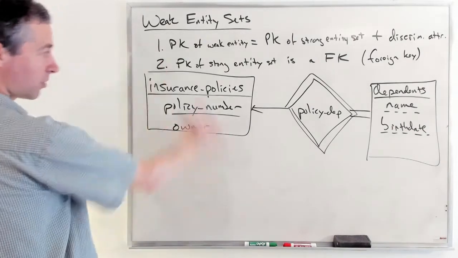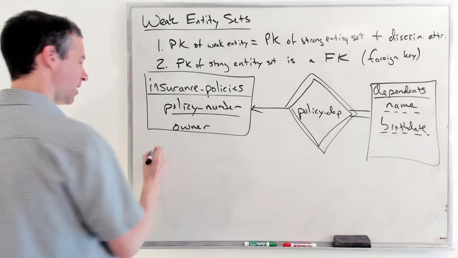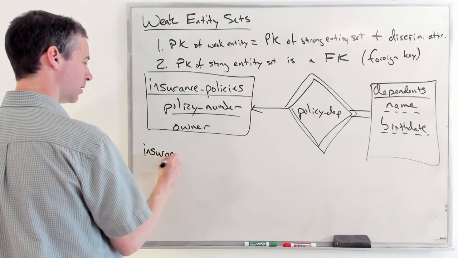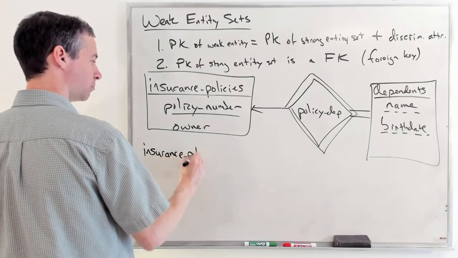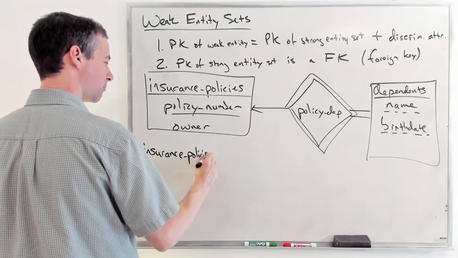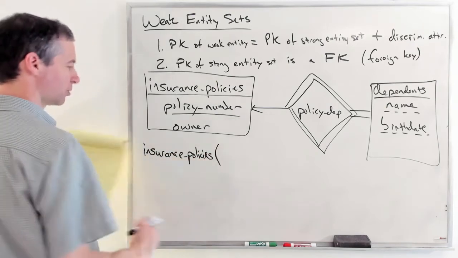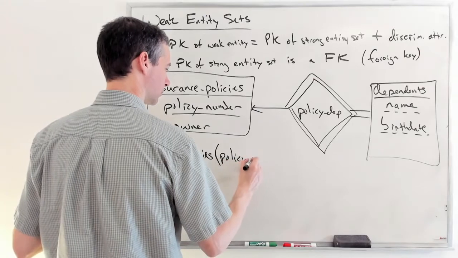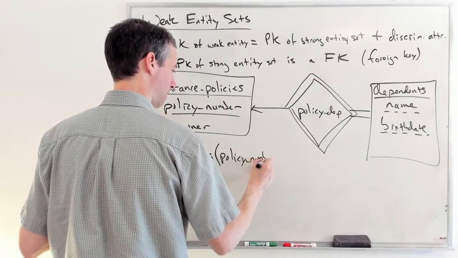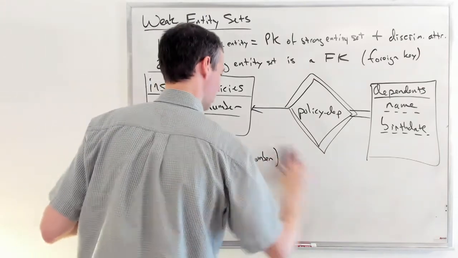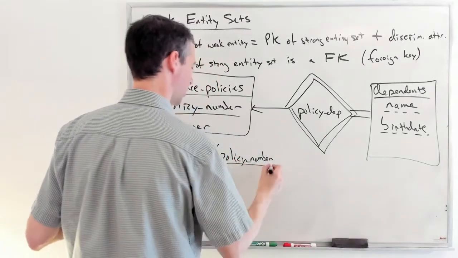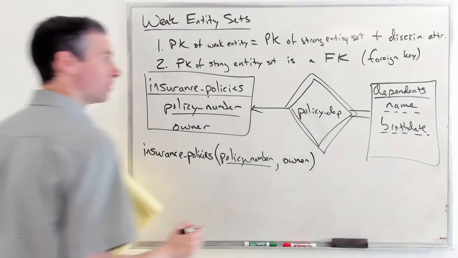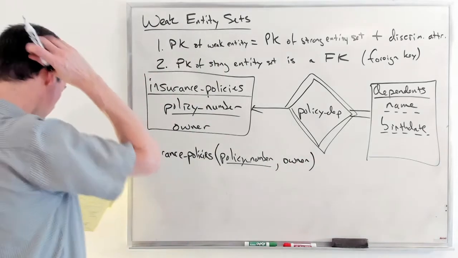So let's just start. We take the strong entity set. That's easy. We write the entity set name, and it becomes the table name. So insurance policies, policy number. Oops, not done with that yet. And then its primary key is underlined, and we have owner. Then we go ahead and take our dependents.